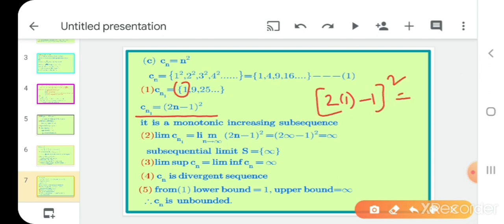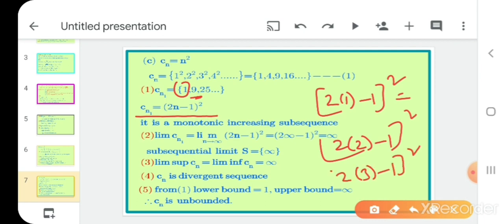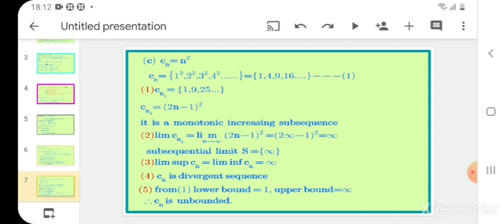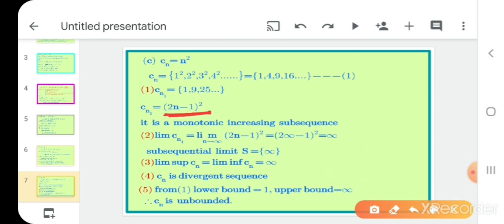If you put n equals 2, (2 into 2 minus 1) whole square: 2 twos are 4, minus 1 is 3, 3 square is 9. We put n equals 3, (2 into 3 minus 1) whole square: 2 threes are 6, minus 1 is 5. 5 square means 25. Okay. This is the function of the subsequence. It is also an increasing sequence. Therefore, it is a monotonic increasing subsequence.